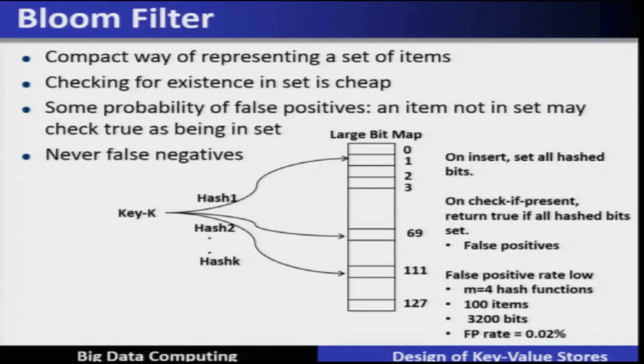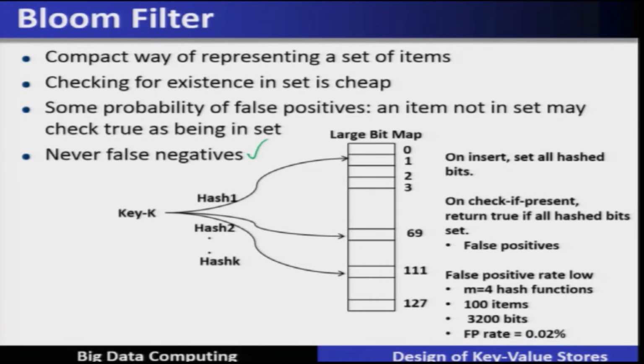There is some probability of false positives, that means an item which is not in the set may turn out to be true sometimes, but there will never be false negatives. That means if the item is not there, it will always say no with 100% confidence. In some cases even if the item is not present, it will sometimes say present, that is called a false positive.